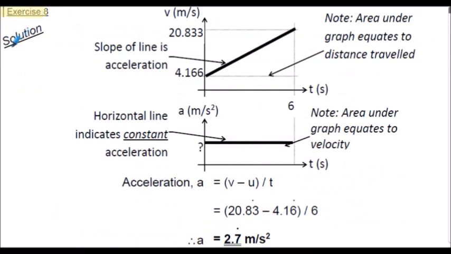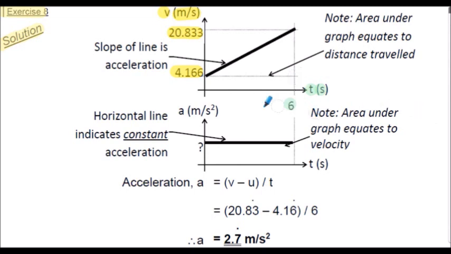Exercise 8, solution continued. The top diagram here shows the sketch of a velocity time diagram. Velocity v in meters per second, plotted on the vertical axis. Here's the initial velocity, here's the final velocity, and the time in seconds on the horizontal axis. Duration of the motion in exercise 8 is 6 seconds.